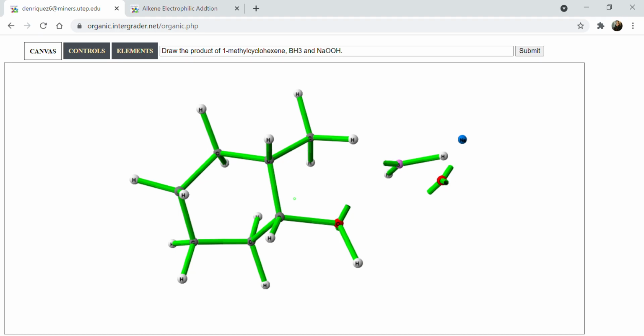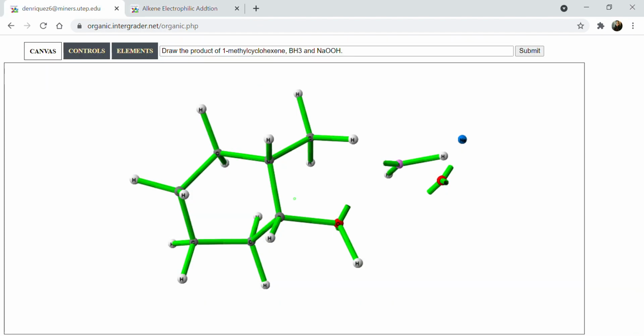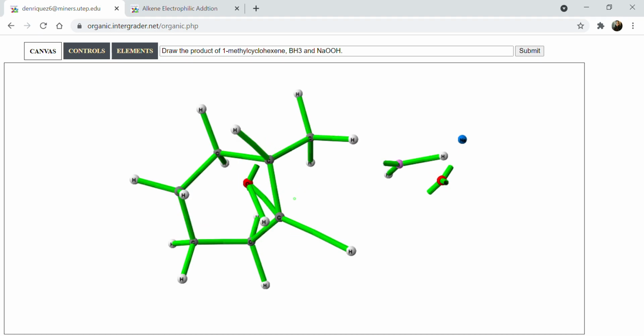Okay, so that was kind of like a HO. So it says anti, that's not what it was. So this one for sure is going to be syn to the hydrogen. So I'll go ahead and try to switch these around.